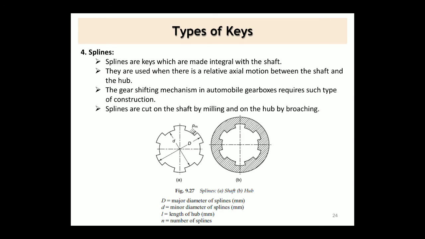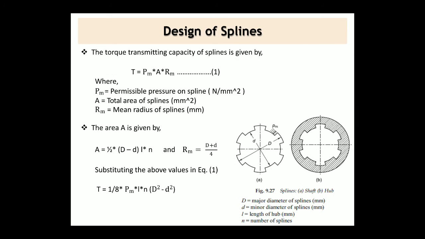Now we will see the design part of the spline. The torque transmitting capacity of the spline is given by T equal to Pm into A into Rm, where Pm is the permissible pressure on the spline, given in Newton per mm square.